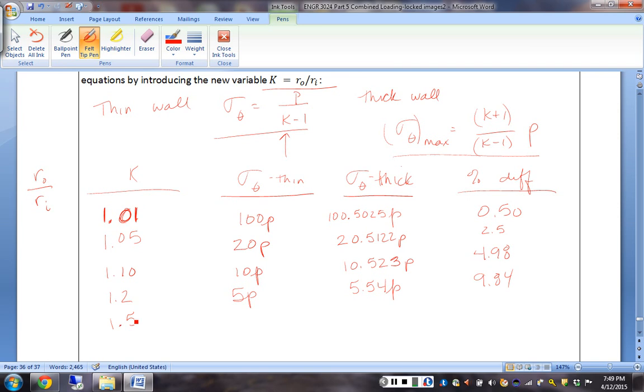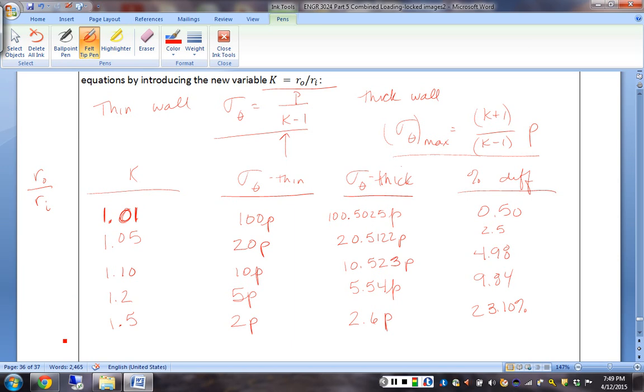And for the example that we just did, where your outer radius is 1.5 times your inner radius, that maximum pressure is 2 times the pressure using the thin-walled assumption, and 2.6 times the pressure with the thick wall, a 23% difference.